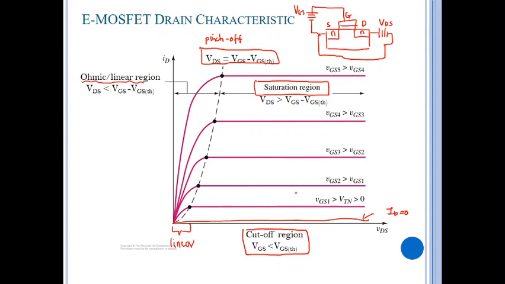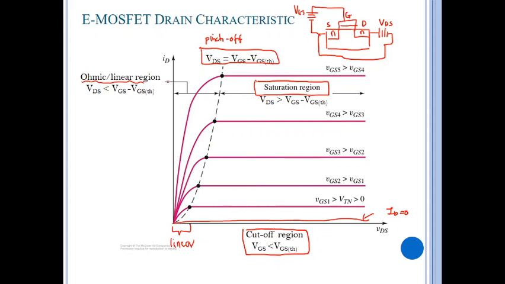You can relate this with the output characteristic of the BJT. The output characteristic of the BJT has three operating regions. We call them saturation, active, and cut-off. The same as the BJT, the cut-off region is where the current is 0.